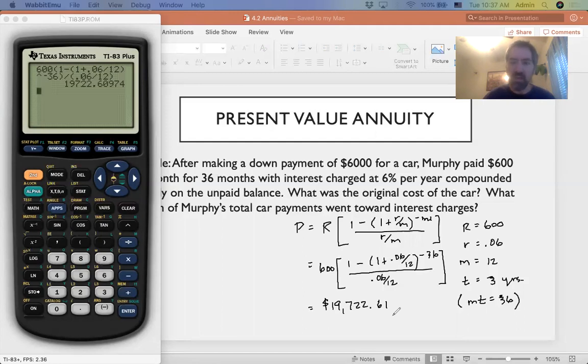If you add the loan amount and the $6,000 down payment, that will give you how much the car was worth, how much he bought the car for: $25,722.61. That was the original cost of the car.